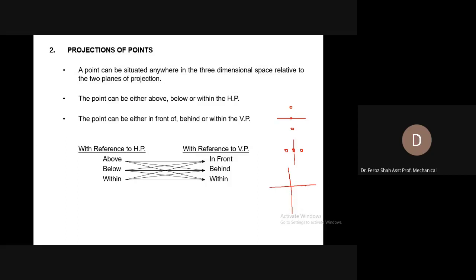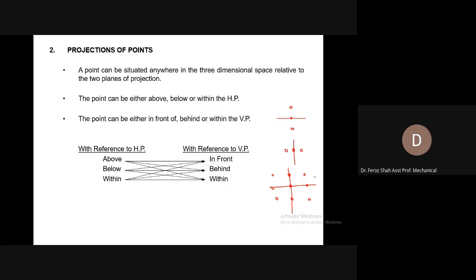For example, if this is the horizontal plane and this is the vertical plane, we can have these positions: in front of the vertical plane, above the horizontal plane; within the vertical plane, above the horizontal plane; behind the vertical plane, above the horizontal plane; in front of the vertical plane, within the horizontal plane; within the vertical plane, within the horizontal plane; and behind the vertical plane, within the horizontal plane. Also, below the horizontal plane, in front of the vertical plane; below the horizontal plane, within the vertical plane; and below the horizontal plane, behind the vertical plane.